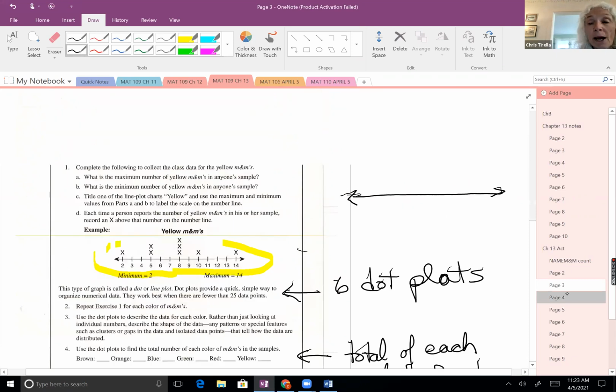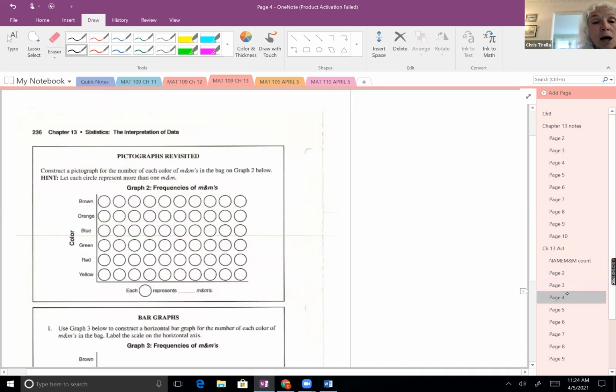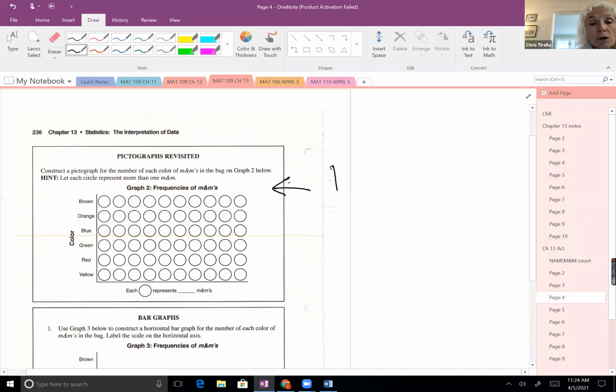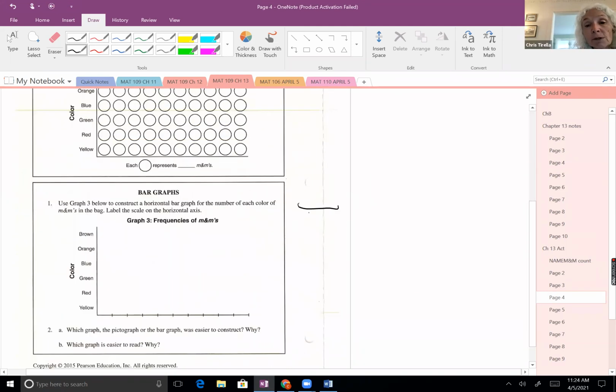And on the next page, over here, you're going to use the total for the class for this pictogram. And then you're also going to make a bar graph using the total for the class.